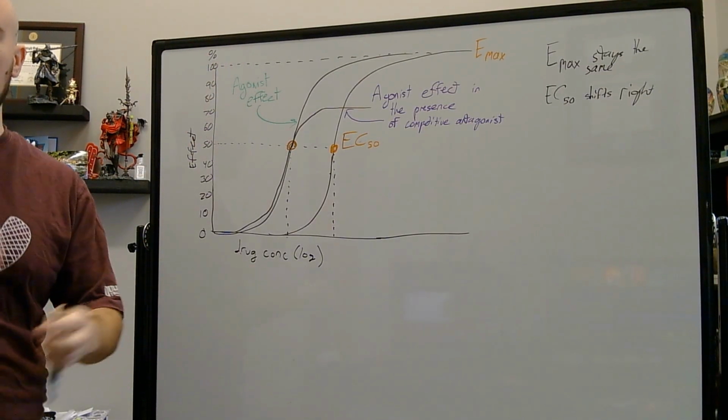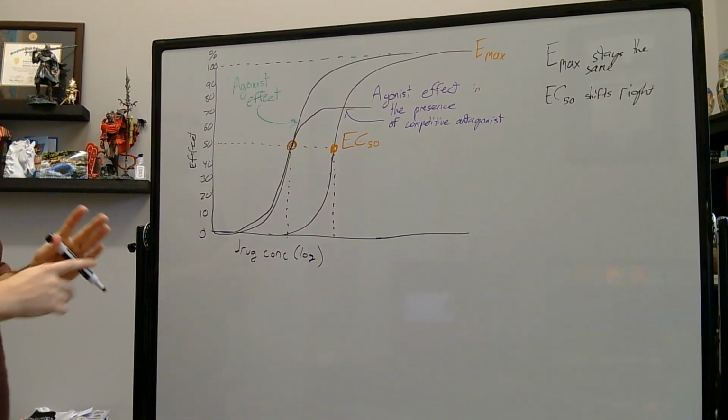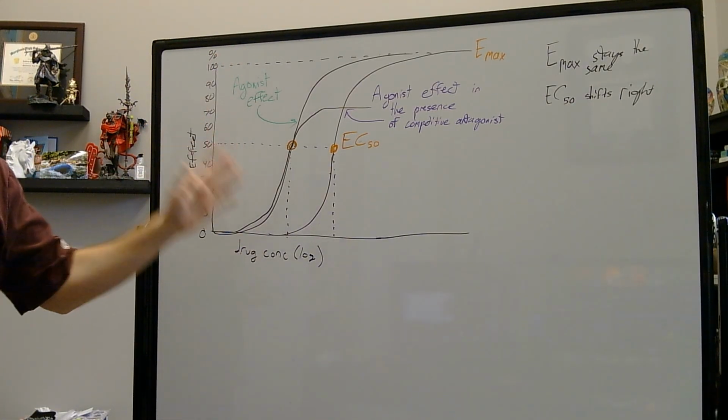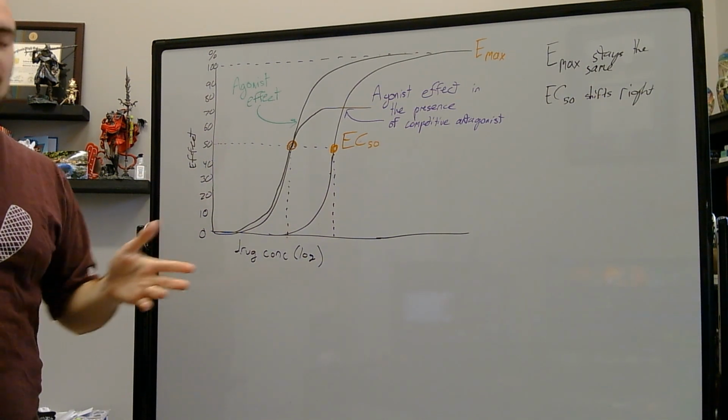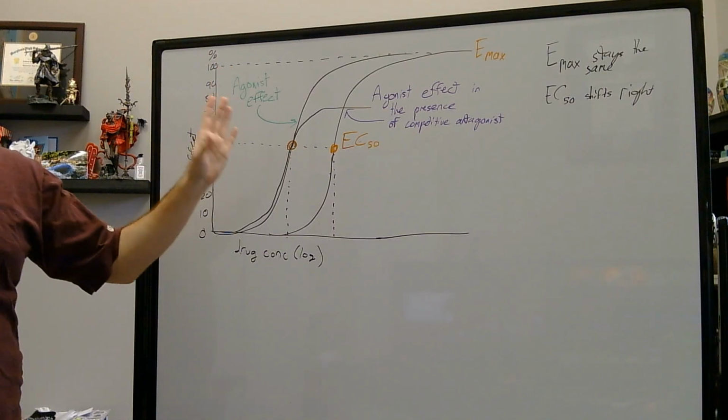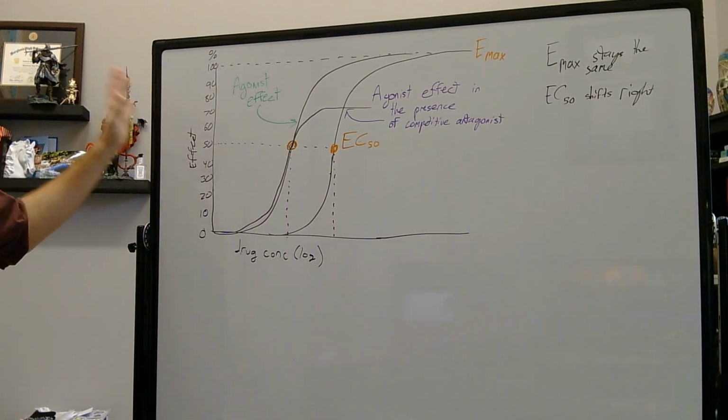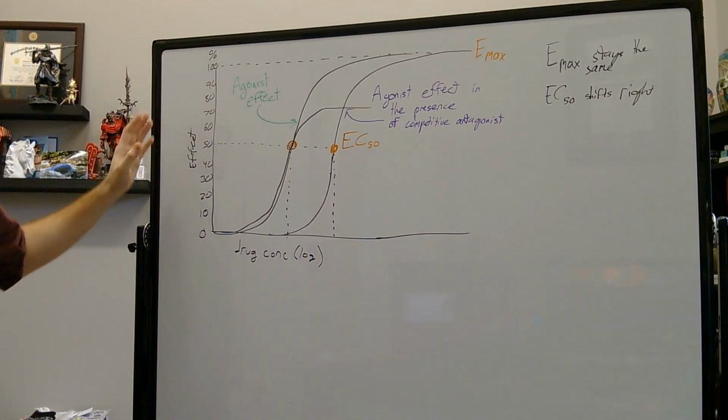So partial agonists overall will reduce the effect of full agonists in the presence of stronger drugs. A little bit of rambling there, but anyway, I thought it was super interesting. So that's full agonists and partial agonists.